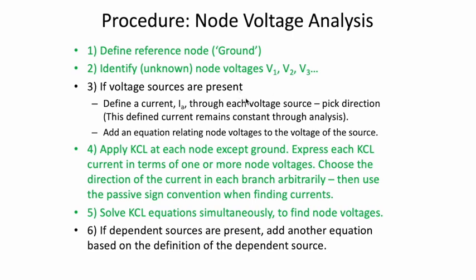That's part 2 of this video. Fourth step, we applied KCL at each node except ground. We sum the currents going out of the nodes. Step 5, we solve those equations simultaneously to reveal the node voltages. And step 6 will be covered at a later stage of the course.